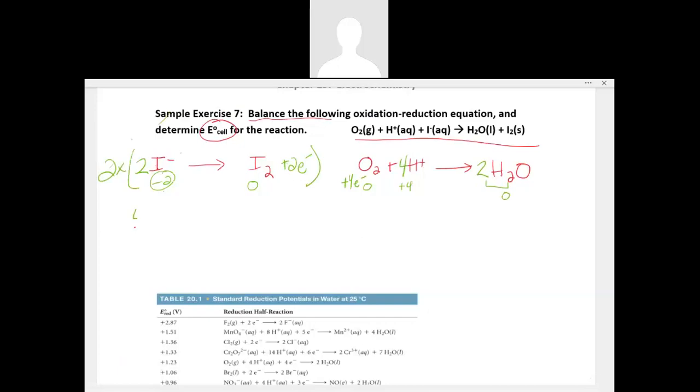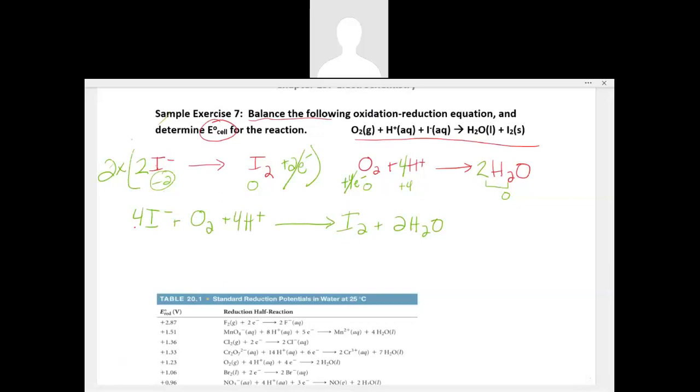So we're going to end up overall with 4 iodide, and then from the other side, O2 plus 4H plus. And now on our product side, I know those electrons will have canceled out because I have 4 and 4. So now I'm going to have I2 plus 2H2O. And this will be our balanced chemical reaction.